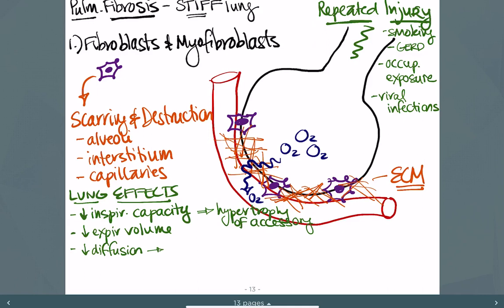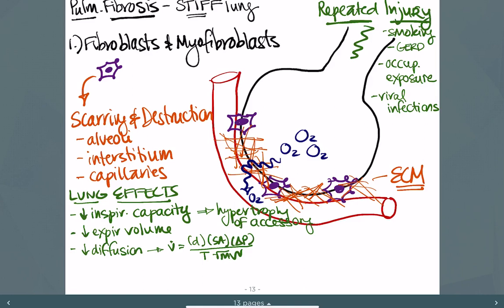That's based on Fick's equation, that the rate of diffusion is proportional to the surface area for gas exchange, the delta P driving the diffusion, and inversely proportional to the thickness of the barrier. As the thickness of the barrier increases, you decrease the rate of diffusion.